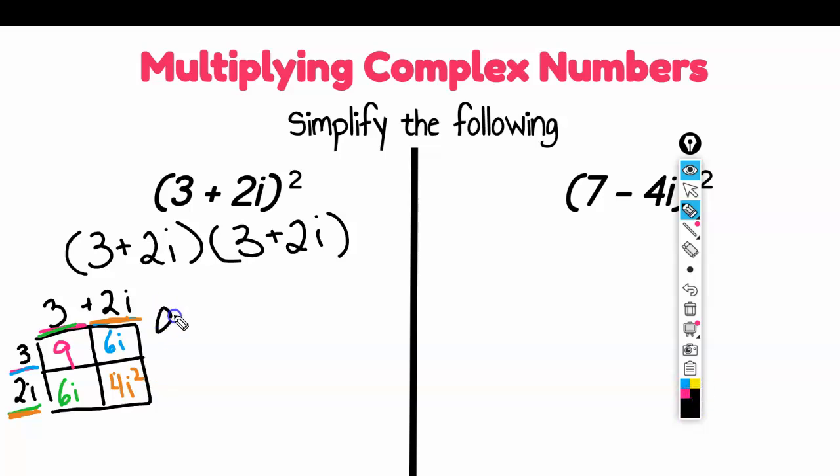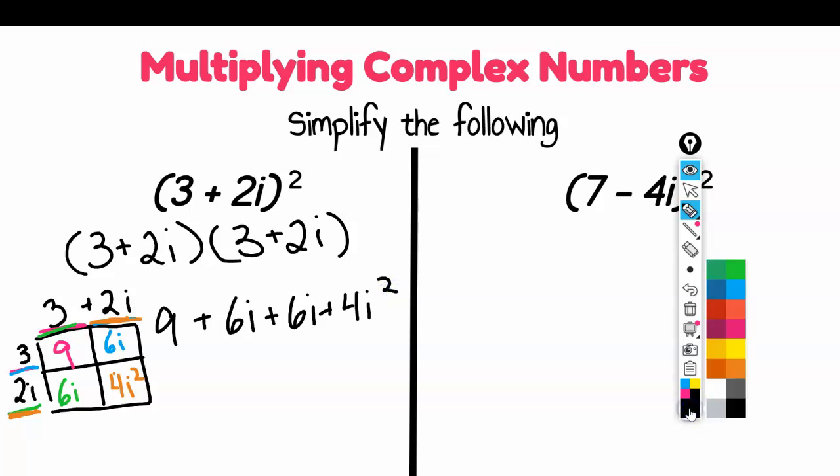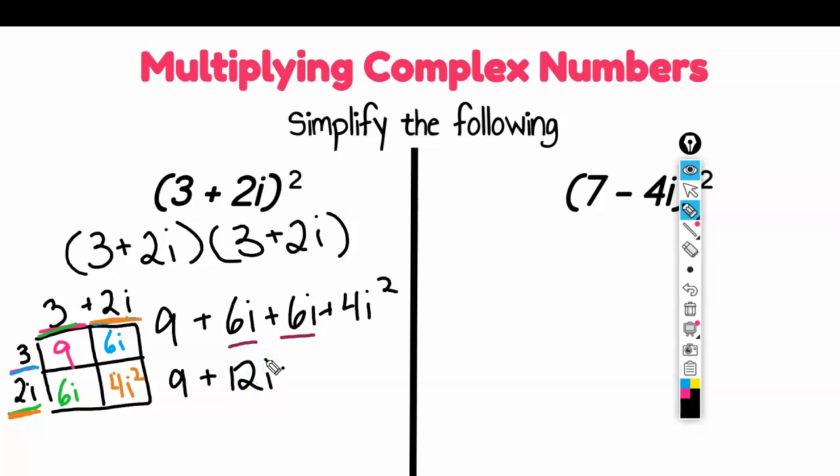So I've got 9 plus 6i plus 6i plus 4i squared. I can combine like terms. 6i and 6i both have just one i, so they're like terms. And when I do that, I've got 9 plus 12i plus 4i squared.